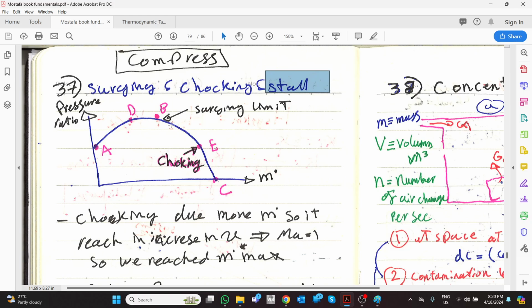Imagine that you have a fan curve or a compressor curve, and this is the pressure ratio, or whatever pressure you are going to get, or the head, and this is the mass flow rate, or the Q, the volumetric flow rate, etc. A is simple, where there is no flow. C is with no pressure. It is impossible, by the way, that at no pressure there is a flow. So usually it is like this, and stops somewhere here, okay?